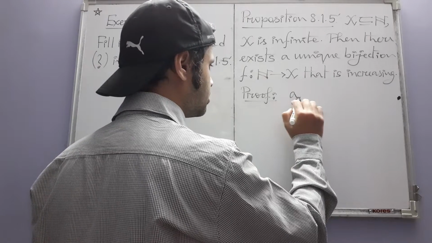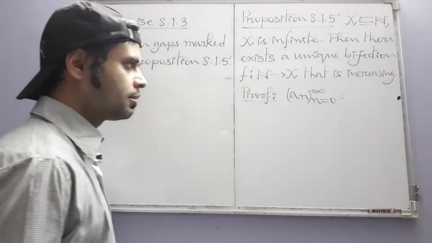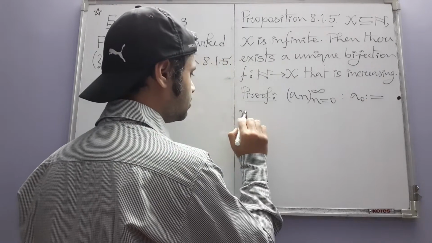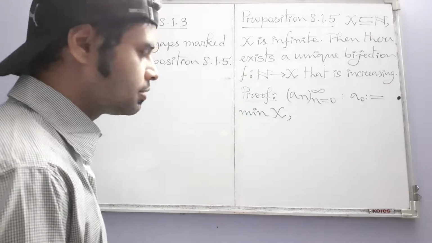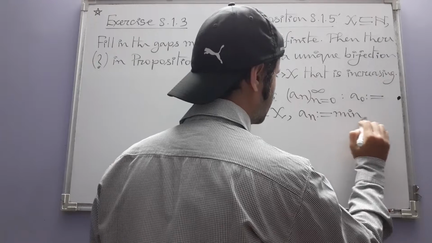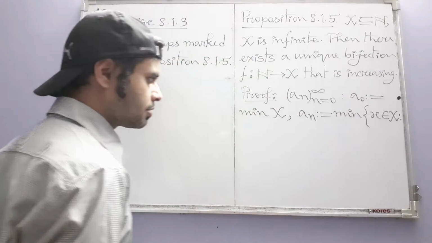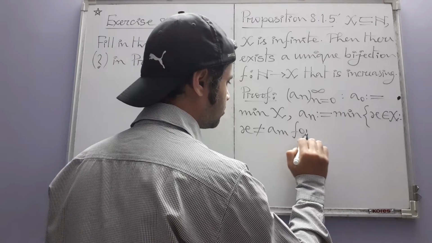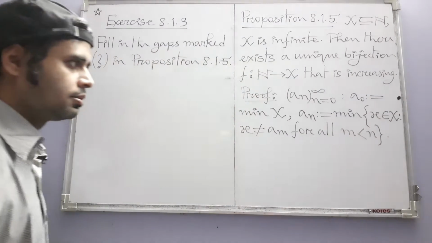by defining a sequence recursively like this. a_0 is defined to be the minimum of X, and a_n is defined to be the minimum of this set, the set of all elements x in X such that x is not equal to a_m for all natural numbers m less than n.